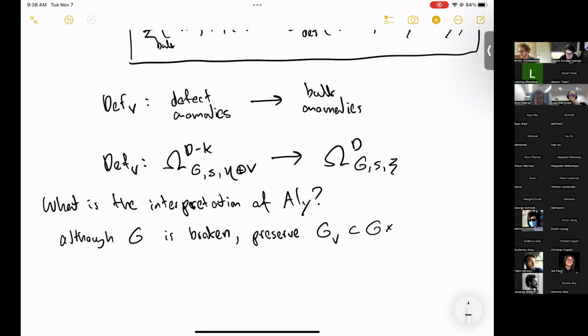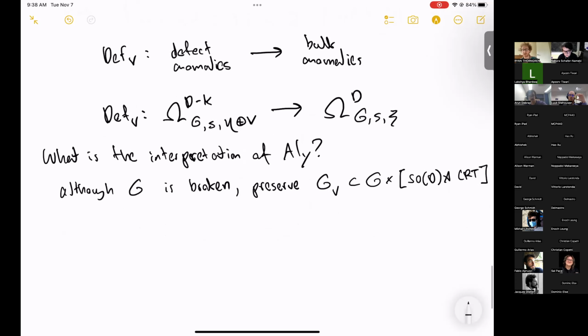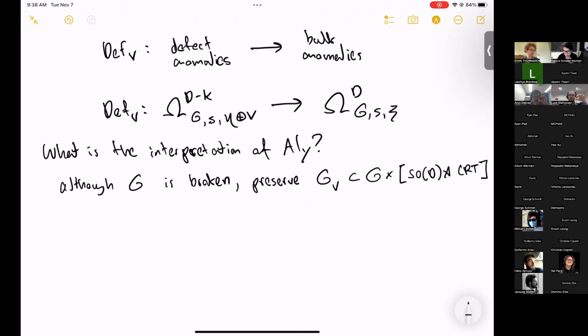So there's going to be some embedded copy where we have SO(D), semi-direct, this extra symmetry that we have, which I'm going to call CRT. It's because of the CPT theorem that we have such a symmetry. So essentially, it reverses time and it reverses the direction of space, and it does something else on the internal degrees of freedom. And it's an unbreakable symmetry. It's part of the Lorentz group. Unbreakable as long as you're going to preserve Lorentz symmetry.